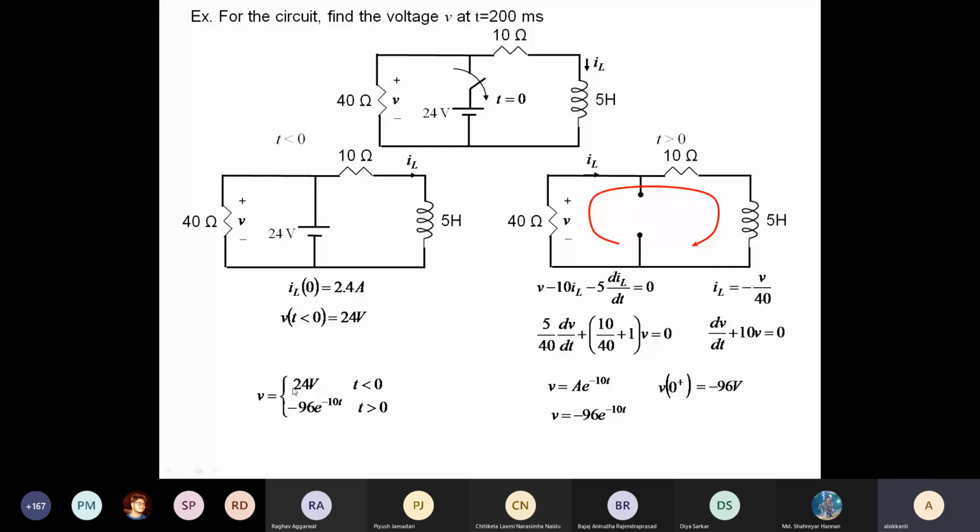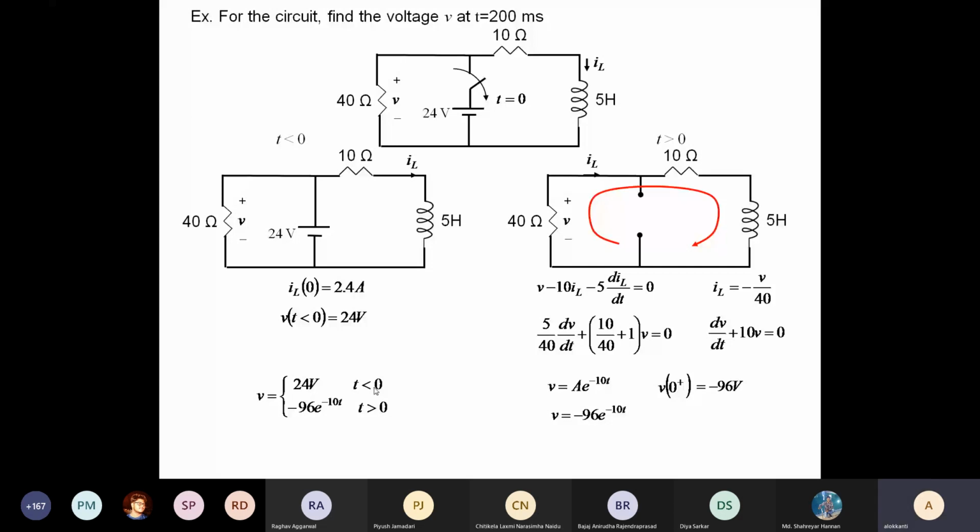If you plot this, when t is negative it is 24 volts, and at t equal to 0 exactly it changes polarity and goes to the negative side. Then it reduces exponentially to 0, because as t increases, e to the power minus 10t reduces. You can plot it.